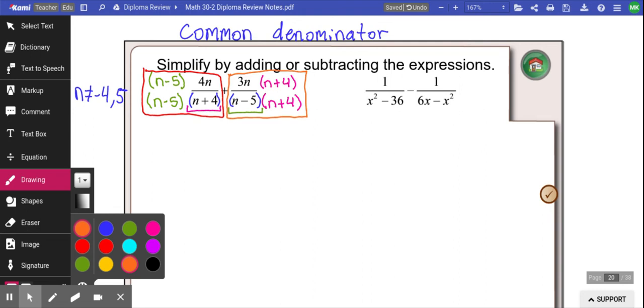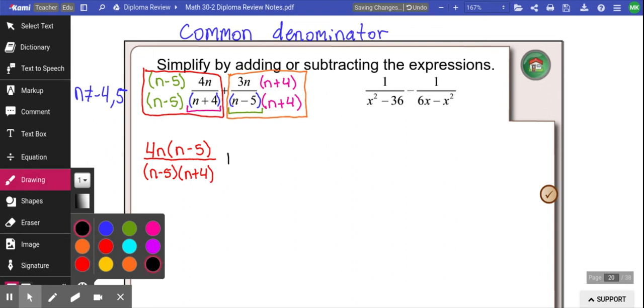I'm going to write those a little cleaner so you can see that they have a common denominator. The first one in red, instead of saying n minus 5 times 4n, I'm going to put the monomial first because that's what we're used to. So we have 4n times n minus 5 in the numerator. In the denominator, we have n minus 5, n plus 4.